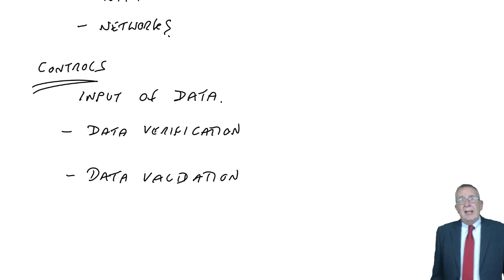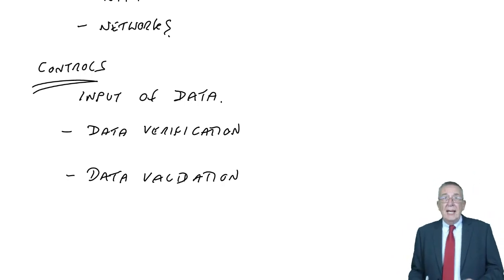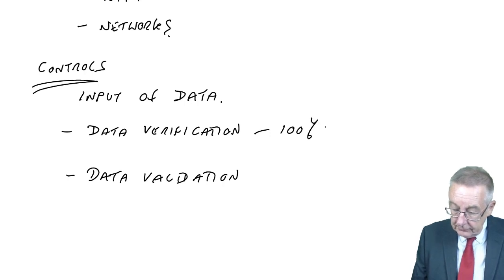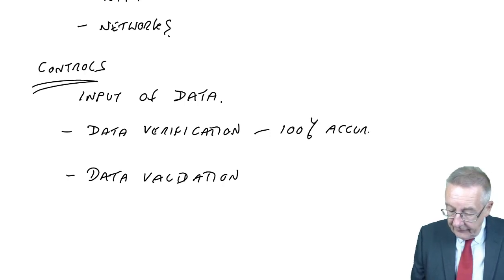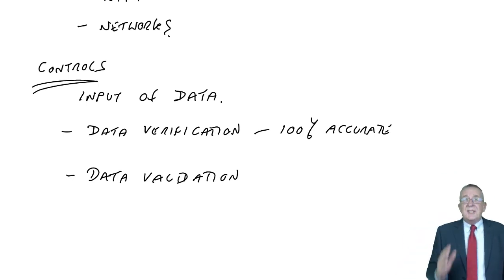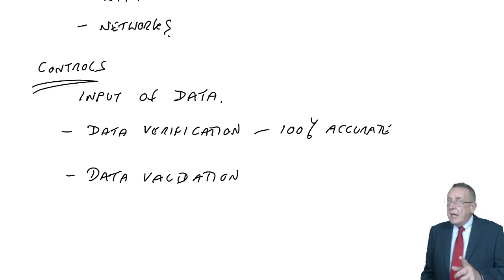And data verification is trying to make sure that everything that's input is 100% accurate. That there are no mistakes at all. Again, it's 100% accurate. And that's very hard to achieve.